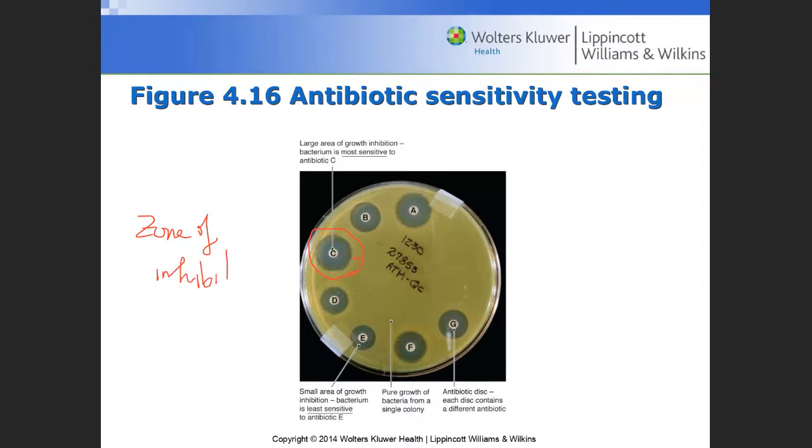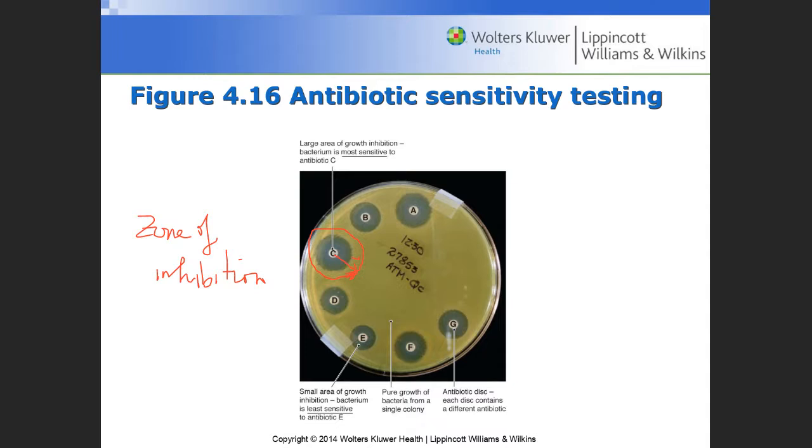Meaning that the antibiotic is very effective because the antibiotic is slowly diffusing out. So you can say the further away from it, you have a low concentration. So even at that low concentration, it prevents the bacteria from growing, right? So that's what we consider the nanomolar range as opposed to the micromolar range.